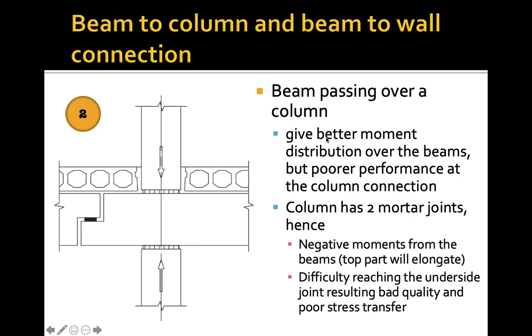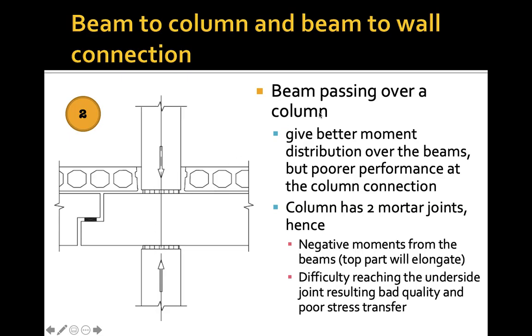Then this is for the second type, where we are considering that the horizontal member is continuous. However, the vertical member, which is the column, is discontinuous. We can see here that the compression mortar, or the compression joint, is located on top of the beam.